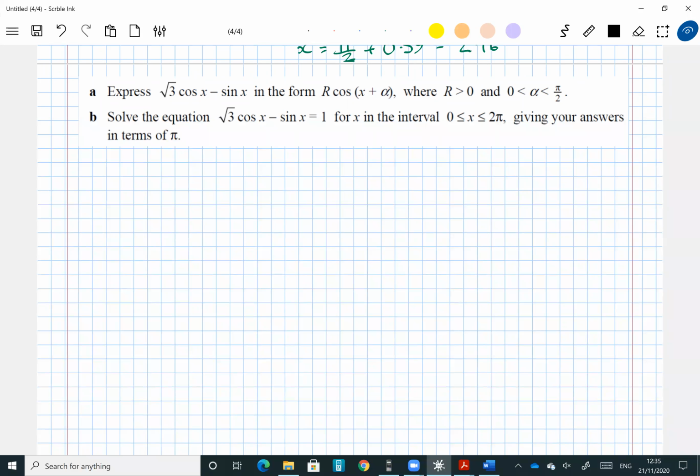So that's another use of this. If you're given an equation like this and it just says solve it, this question's been a little bit kinder. It's asked us in part A to put it in a solvable form, then asked us to solve it, but you could be expected to make that deduction yourself. So have a go at that, in the given form. Then solve. I'll go through it in just a moment.